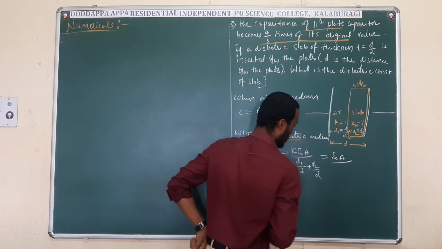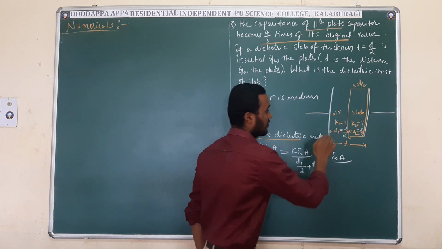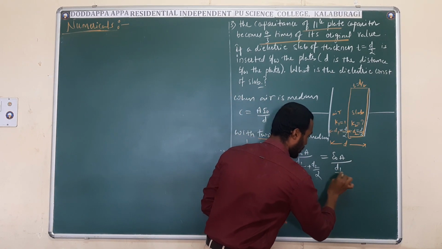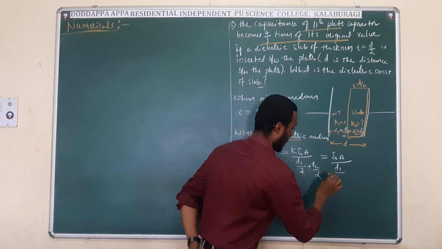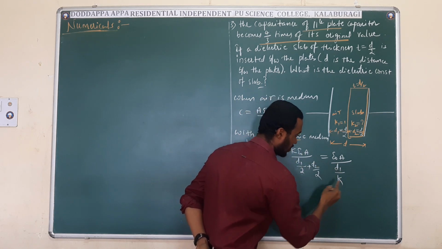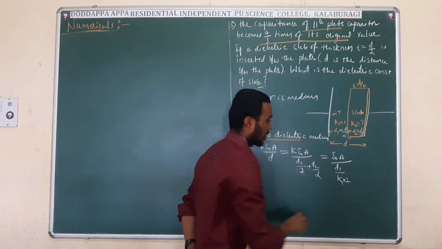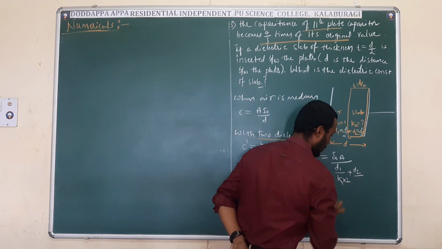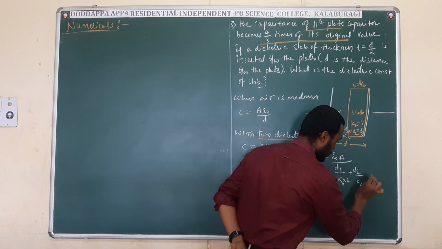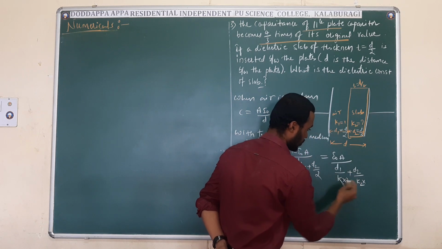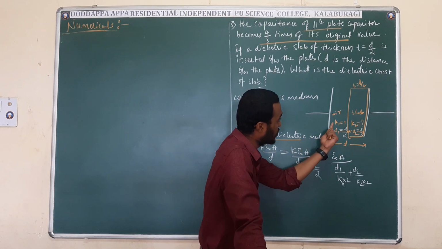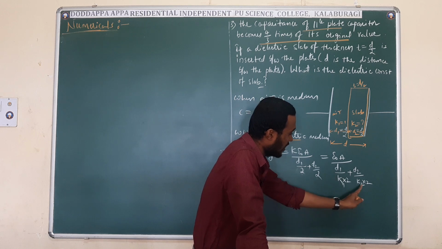Epsilon A divided by, instead of K we have here K1 and K2, two dielectric constants. So our formula becomes D1 divided by K1 into 2 plus D2 divided by K2 into 2. Here K I have split according to our concept, K1 and K2.